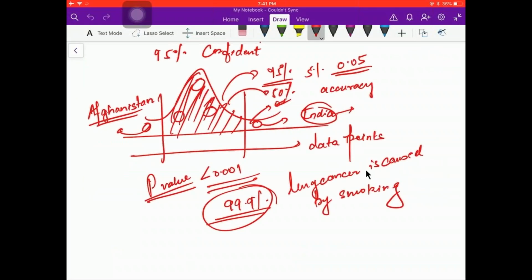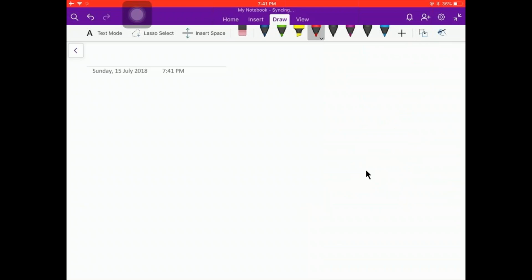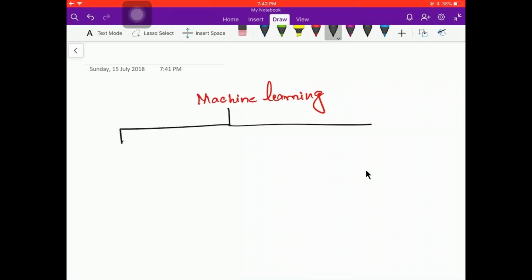Okay, so I'll draw this, and we'll have a proper understanding. What are the algorithms that we have learned in unsupervised?